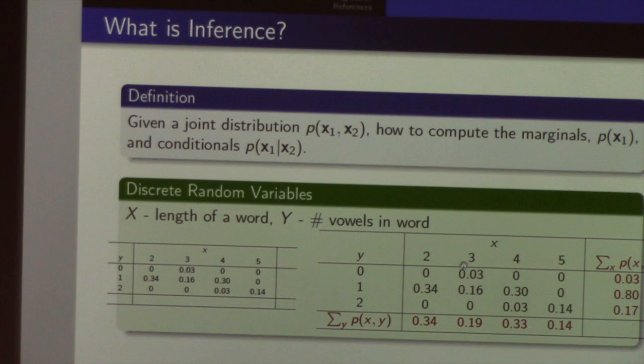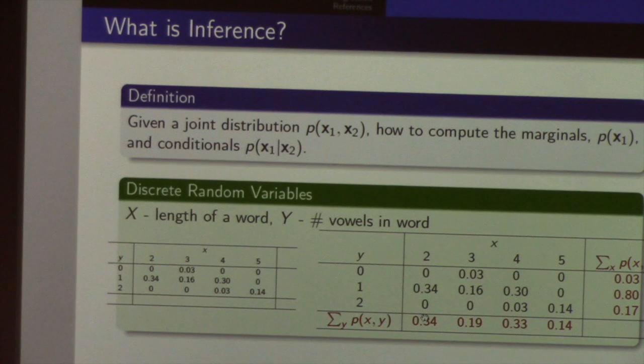Sometimes you might be asked to find the marginal. So you might be asked to find the probability of X for all values of Y. That typically is done by just summing over all possible values. So this vector here is the probability distribution for x. That's the marginal for x. Remember, a probability distribution is basically enumerating the probabilities of all possibilities.